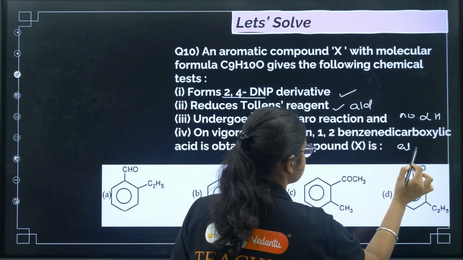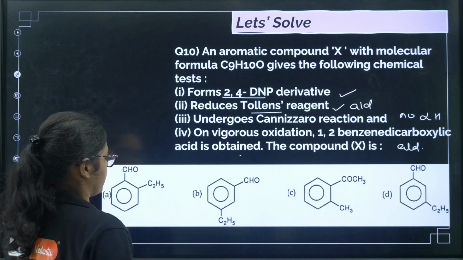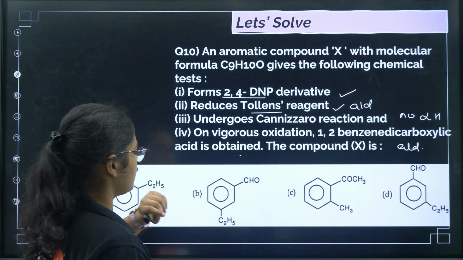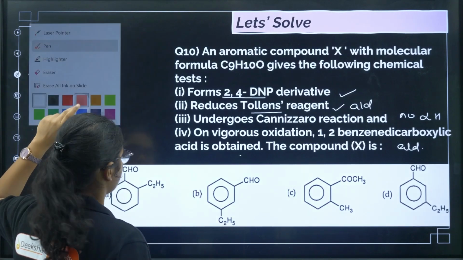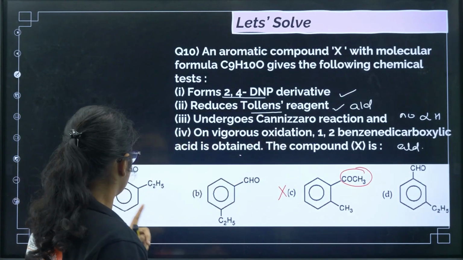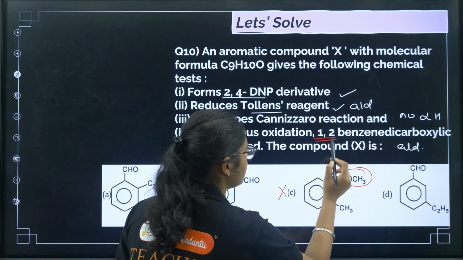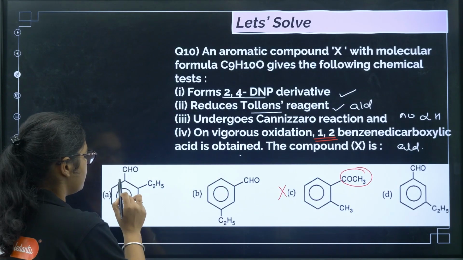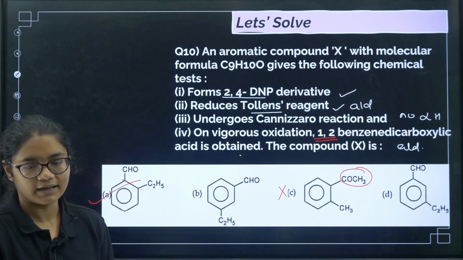So first of all, the group has to be an aldehyde. All of them are aldehydes, but here is a ketone group, so we can eliminate this option first. All other options are the same, only the positions are different, and we need 1,2-benzene dicarboxylic acid, which means the groups should be adjacent to each other, so the correct answer will be option A.